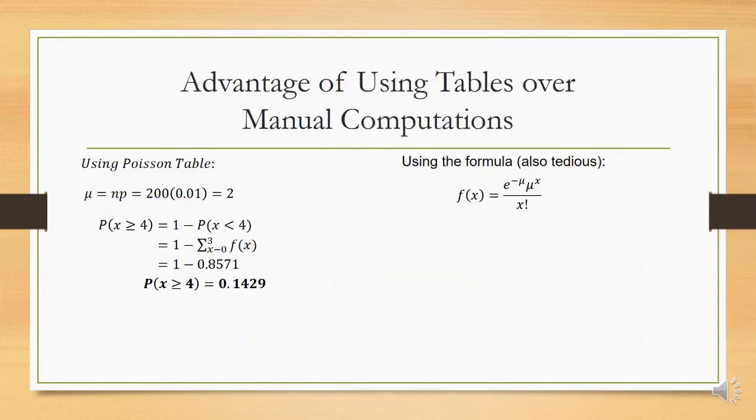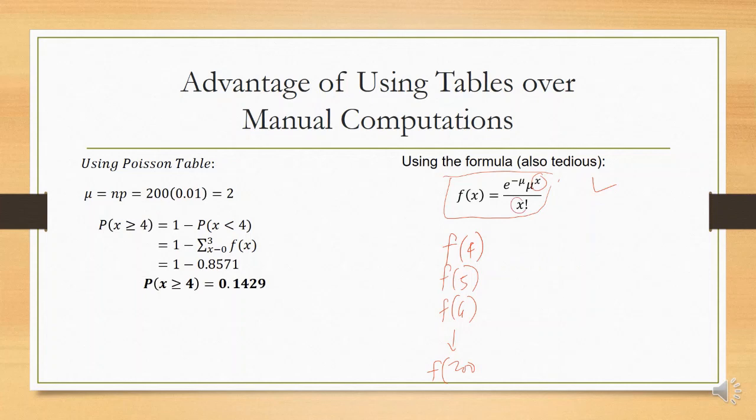Now, as you can see, dito sa right side, we can definitely use this time yung Poisson formula, but just the same, kagaya dun sa aking discussion kanina, hahanapin pa rin natin yung f of 4, f of 5, f of 6, hanggang f of 200. Pinapalitan natin yung x dito. And then add.